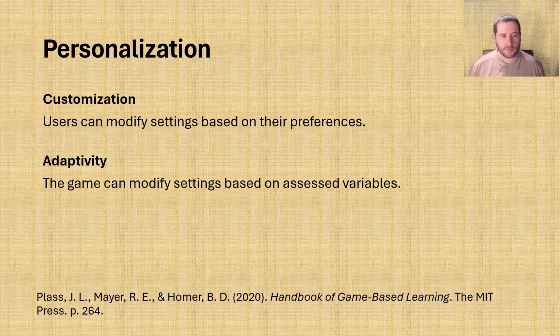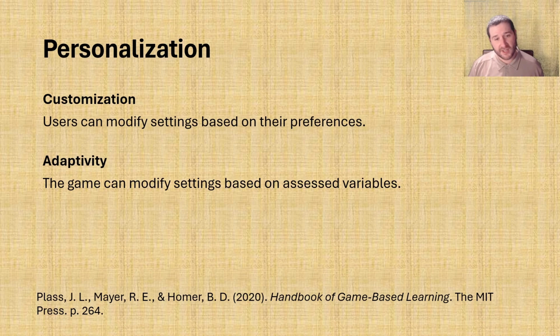Another example, let's look at Tetris. On Tetris, level 1, the pieces move very slow. Level 2, they move faster. Level 3, they move faster, and they keep speeding up every level. So sometimes the difficulty can be dynamic and change as you're going based on what the game is assessing.